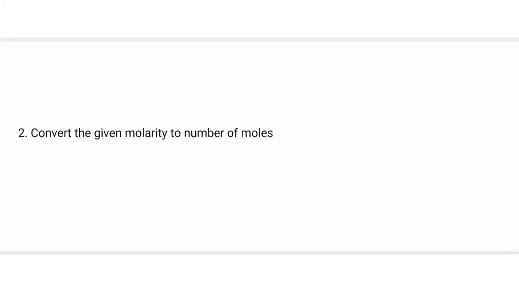To convert the given molarity to number of moles, this is the formula that we're going to use. Number of moles equals concentration times volume. Very important formula. Now we have been given the molarity of sodium chlorate, and we also have the volume for sodium chlorate.